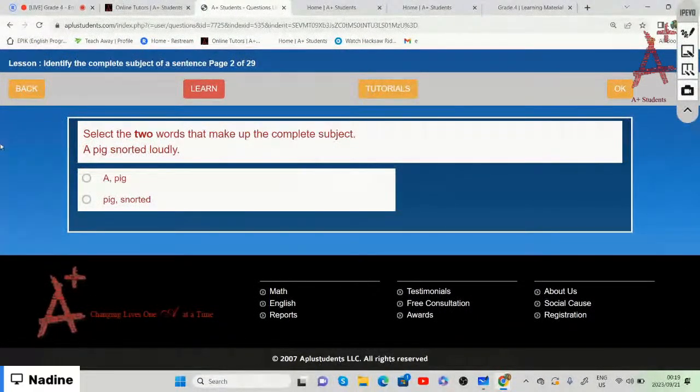A pig snorted loudly. So we need to select two words that make up a complete subject. Is it a pig or pig snorted?